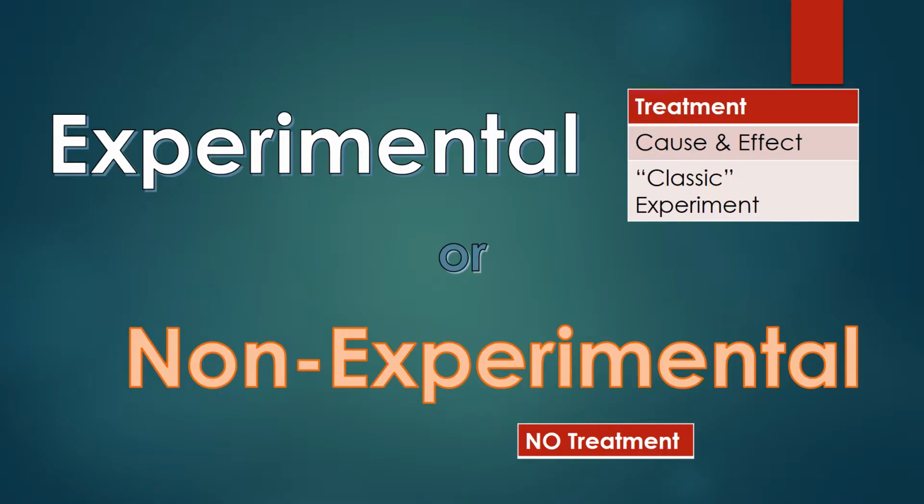Can you think of an experimental research study that's perhaps derived from the observations that I asked you to think about in the previous slide? What would be the cause and effect relationships being studied? And it's okay to pause the slides to think about those questions. What would be the treatment?